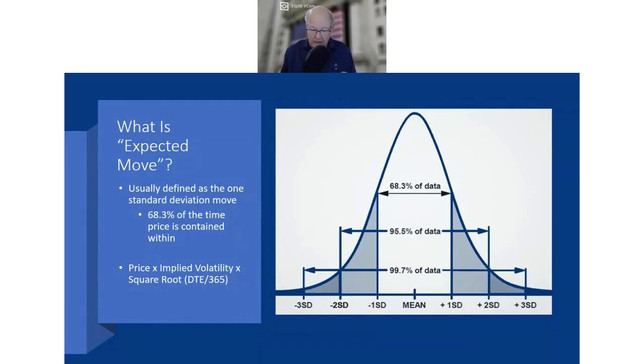So if it were a $100 stock and they had a 20% or a standard deviation of 20, it would be plus 20, minus 20. So the range would be 120 to 80, and that's a standard deviation. In the normal everyday trades, the regular trades, we're typically working in the one standard deviation area.